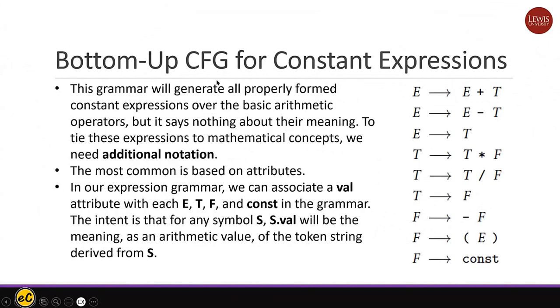So the regular context-free grammar looks like this, you have a set of context-free rules. Expression equals expression plus term. Expression equals expression minus term, something like that. F is a vector. This is actually a calculator grammar.